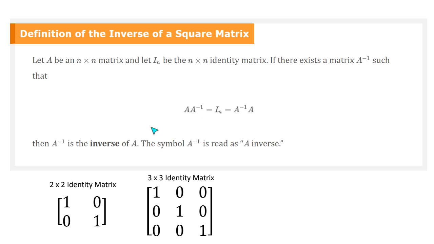The identity matrix is made up of ones in the diagonal and zeros everywhere else. This is an example of a 2 by 2 identity, and this is an example of a 3 by 3 identity. The symbol for inverse is this exponent of negative 1.